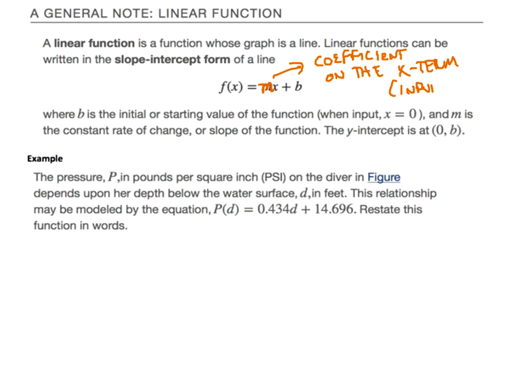Or instead of saying the x term, I could say the input term in case we're not using x and y. Whatever variable is on your horizontal axis, that is the variable that the slope is going to attach to as its coefficient.